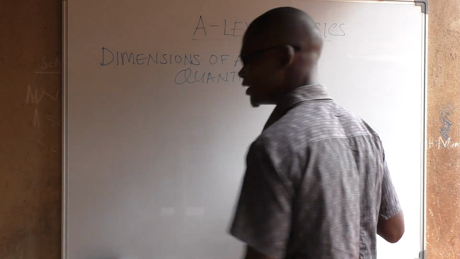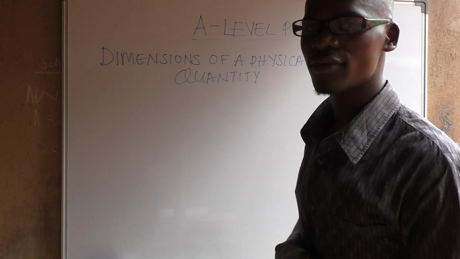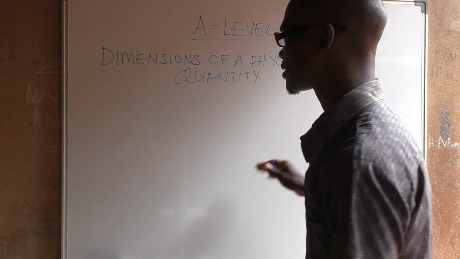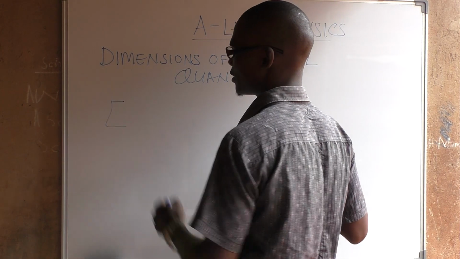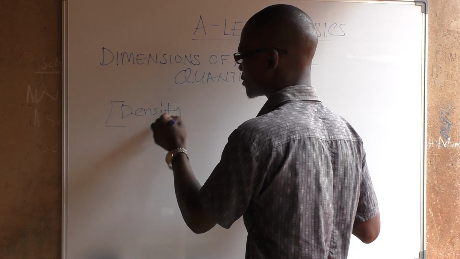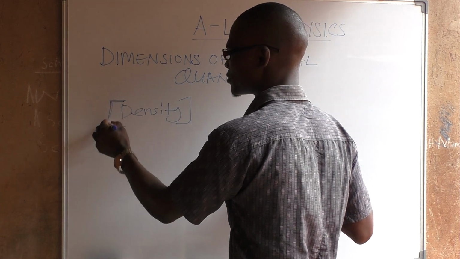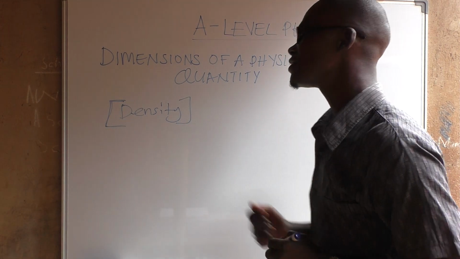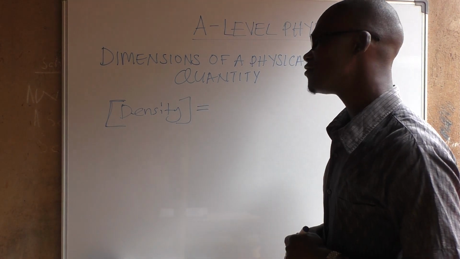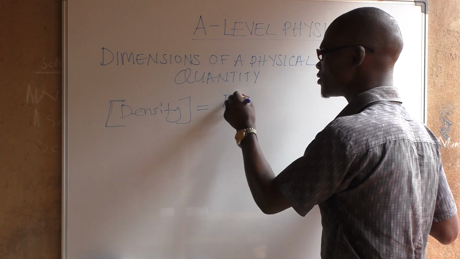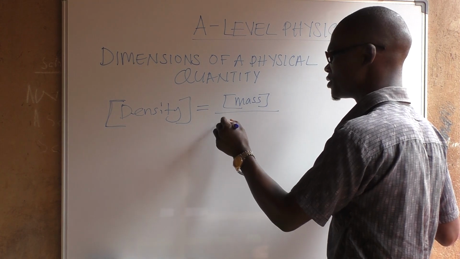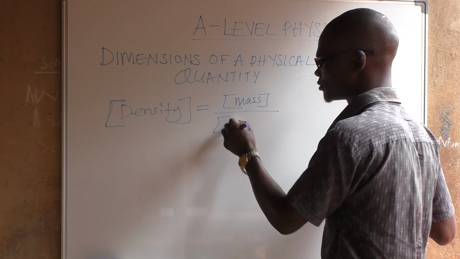Let us look at the dimensions of density. Dimensions are represented by brackets. The dimensions of density will be given by the dimensions of mass over the dimensions of volume.